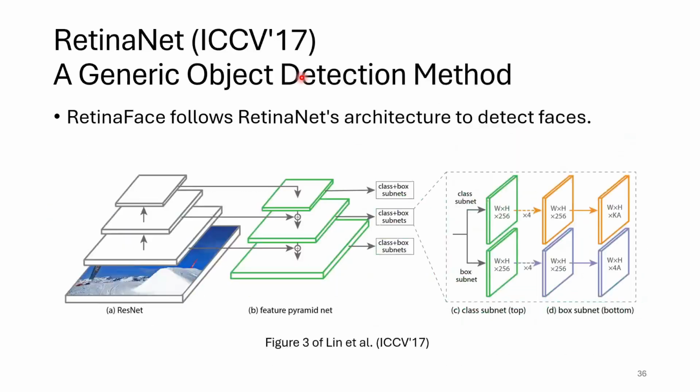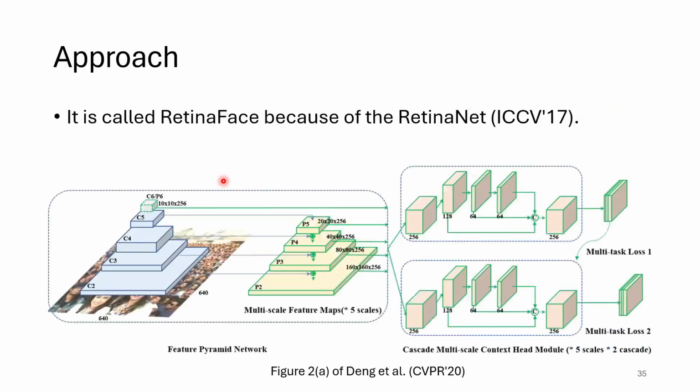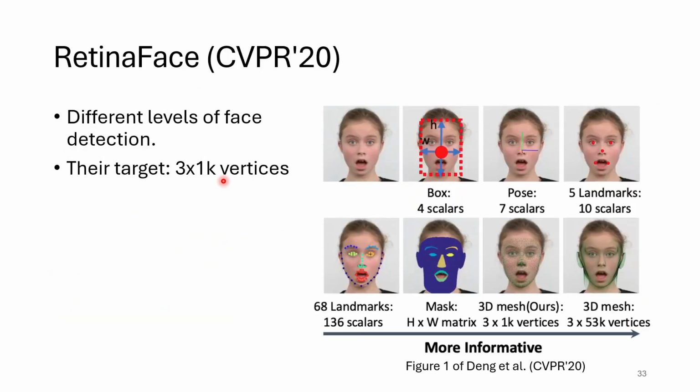So if RetinaNet can detect the face excellently, why do they need RetinaFace? Why do they need to detect the domain specific, just a single class? The reason is, if you want to detect generic objects, you can only use the bounding box. You have no other choice, because dog, cat, airplane, truck, car, they all have their own shapes.